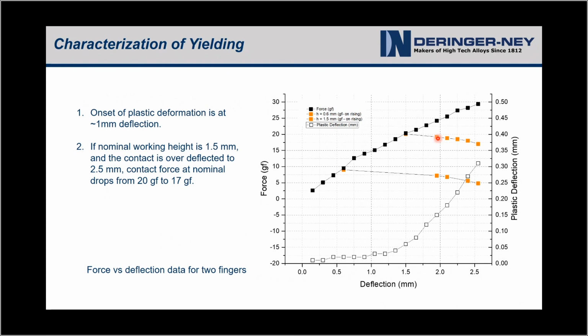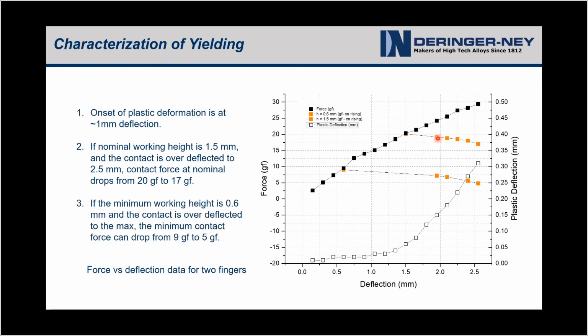Right. Now, what happens if you were to have a very large oscillation in height? So if the minimum working height is 0.6 millimeters and you over deflect to that maximum of 2.5 millimeters, this orange data point, right, you're going to see that the contact force has dropped to 5 gram force.